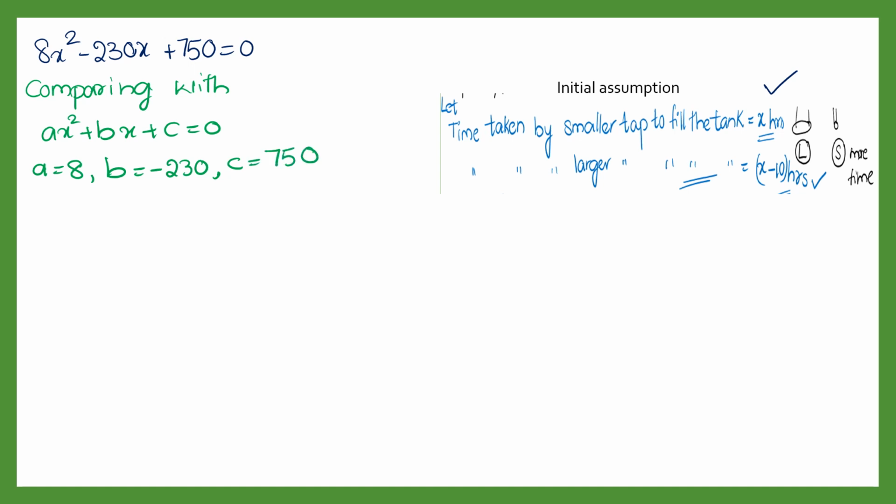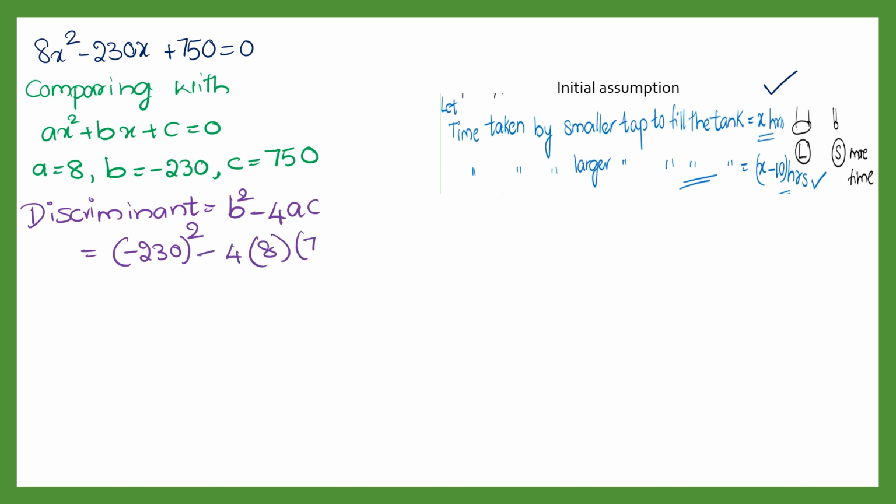Let's find the discriminant first. The discriminant is b square minus 4ac. That means minus 230 whole square minus 4ac, which is 8 into 750. Minus into minus is plus.